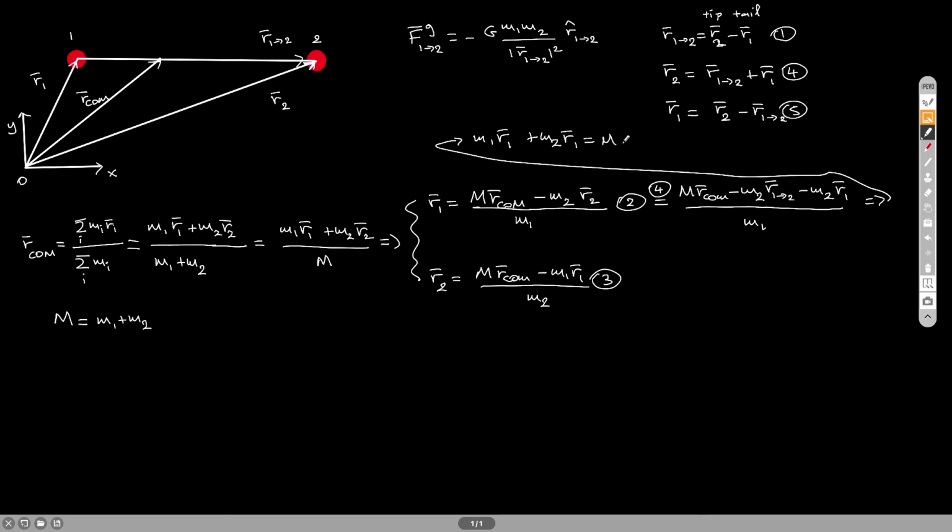This is going to be equal to big M times R, the center of mass, minus M2 R from 1 to 2. Now, if you see here, I have M1 R1 plus M2 R1. I can take R1 out as a common factor, and then I will have in the parentheses M1 plus M2, but this is simply the big M.